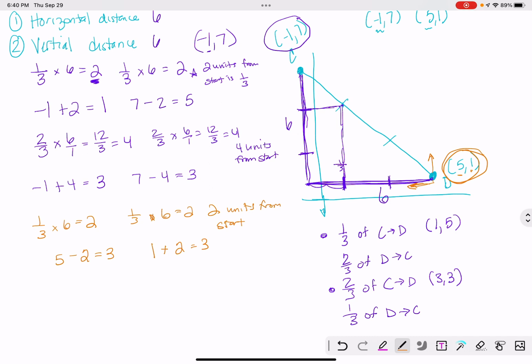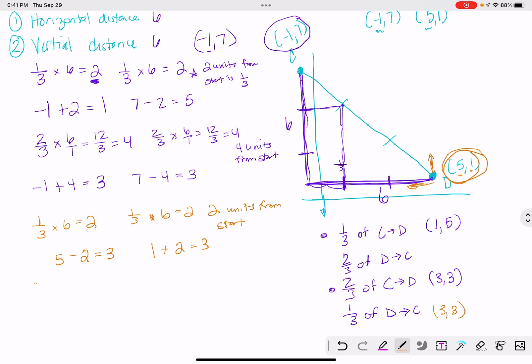That's going to give me that 3 for my x value. And then for my y value, because I'm going up, for my 1/3, I'm going to also take 1 plus 2. That gives me 3. So this point is actually still 3, 3.